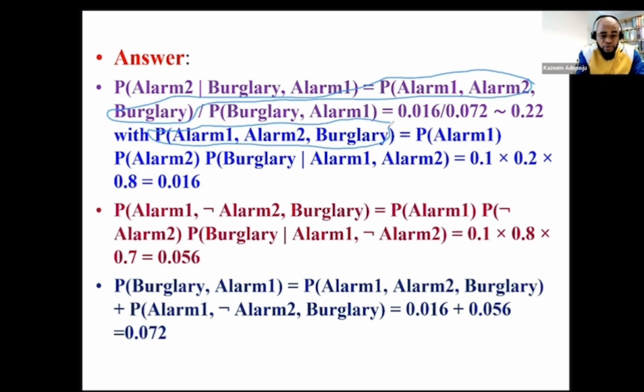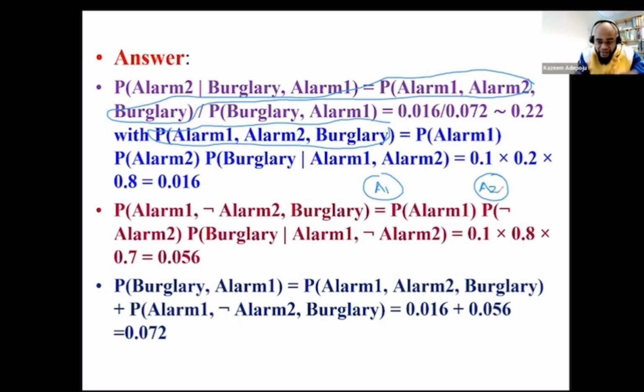To find this, I'm going to go back to the network and how the network is expressed. You remember in class when I was walking you through finding the probability of the joint from the network. Don't forget, in the network that we're using, the network is like this, where this is alarm 1, A1, and alarm 2, A2.